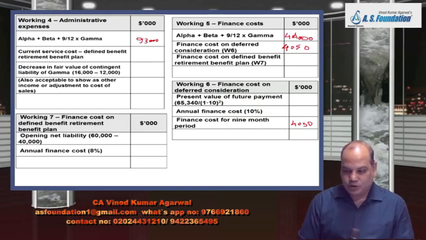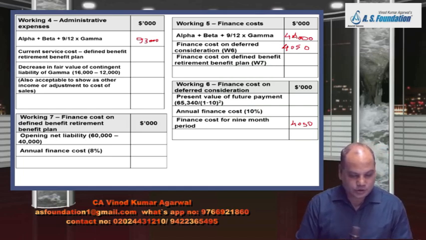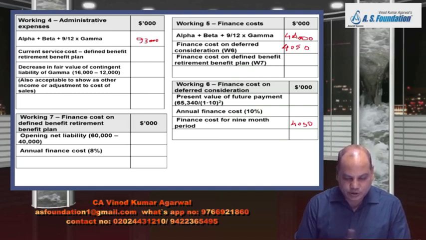Now, when reviewing the net asset of Gamma on 1st July 2013, directors of Alpha ascertained the following. Property of Gamma had been revalued on 31st March 13 and there was no significant difference between their carrying value and their fair value. So ignore.